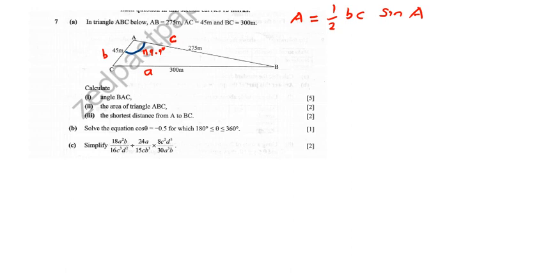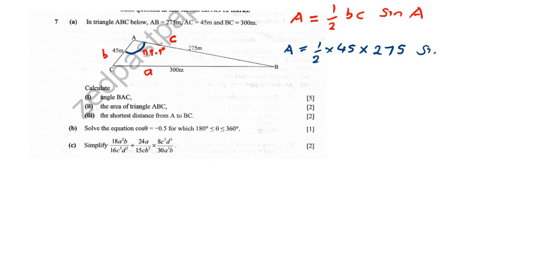So we substitute in our formula. We have A, which is for area, is equal to half times B. We take our B, which is 45. So B, we say 45, times C, we are getting 275.